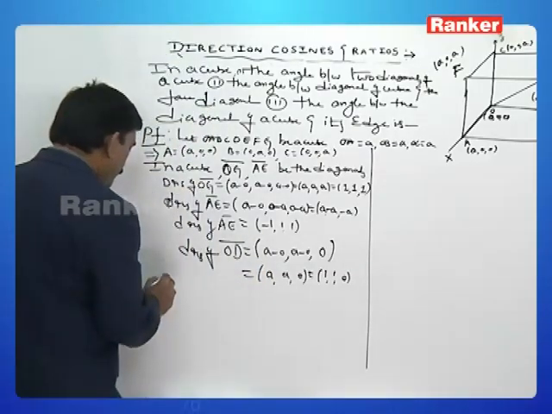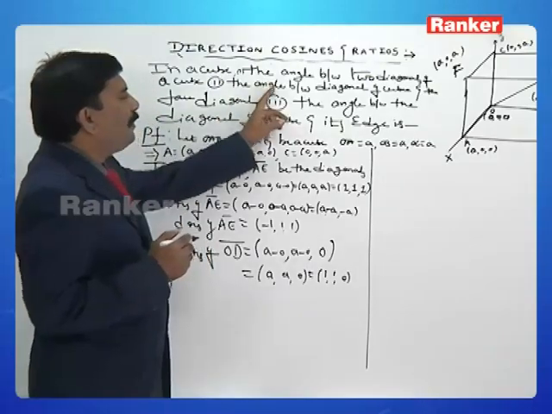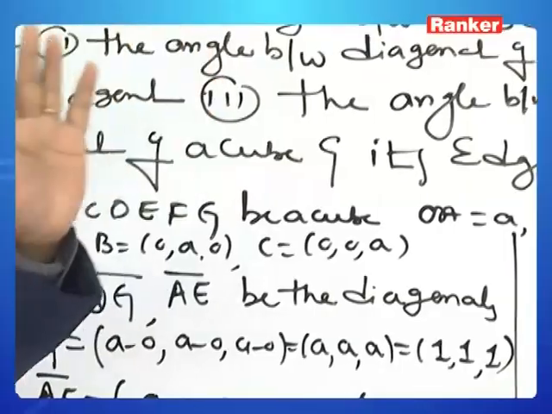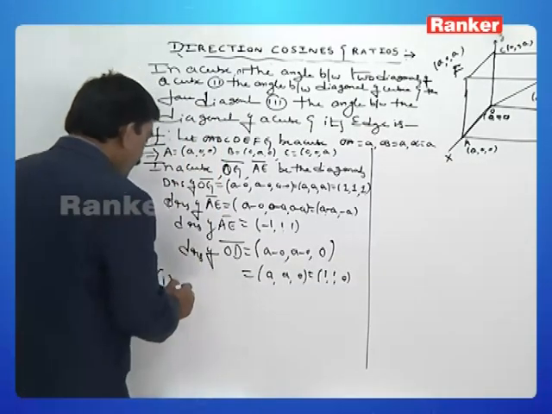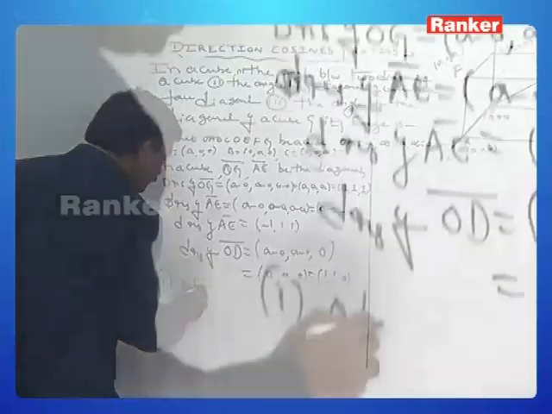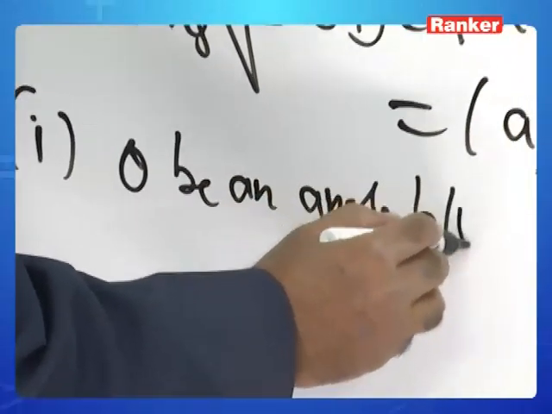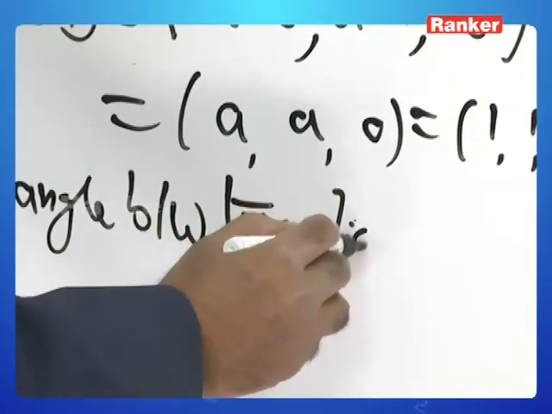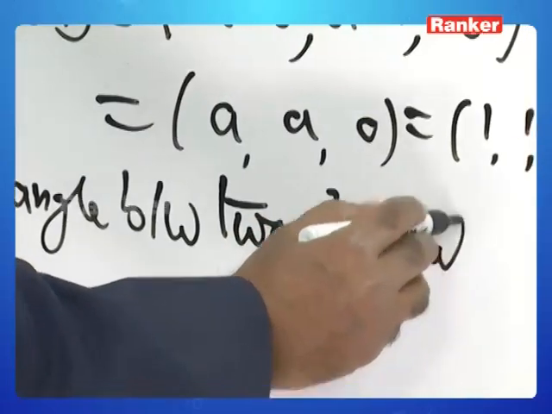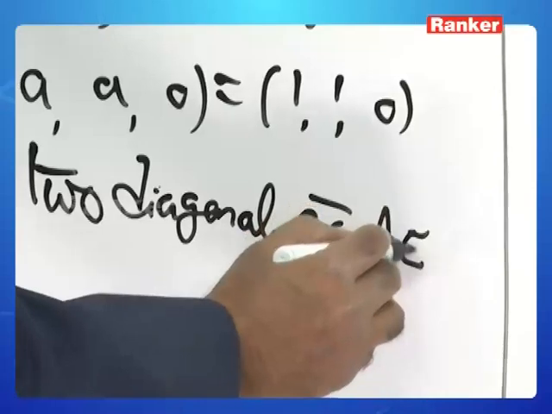Now let us find out the very first problem: the angle between diagonals of a cube. Let theta be the angle between the two diagonals OG, AE.